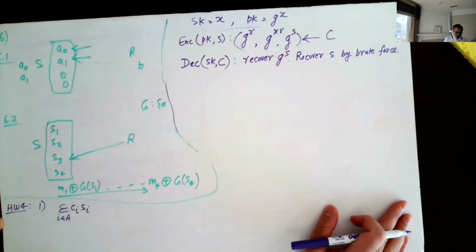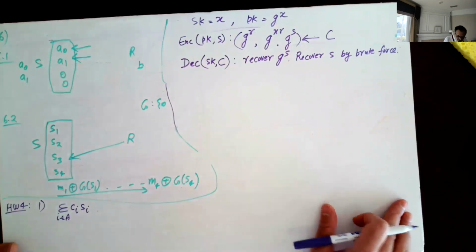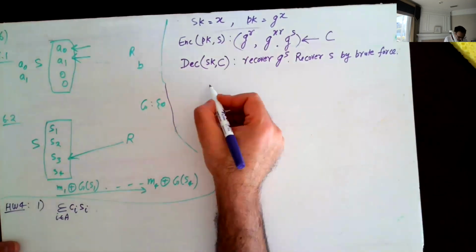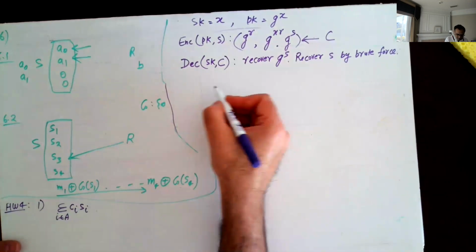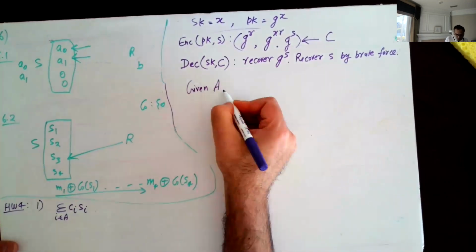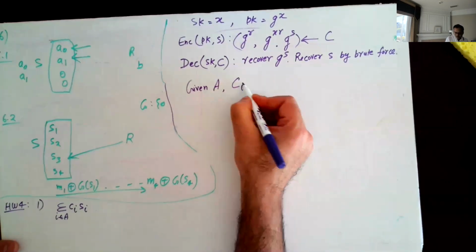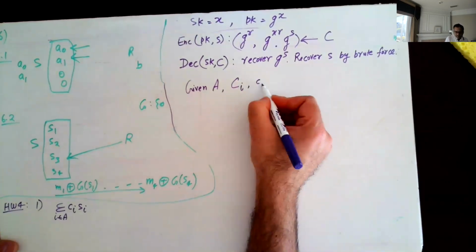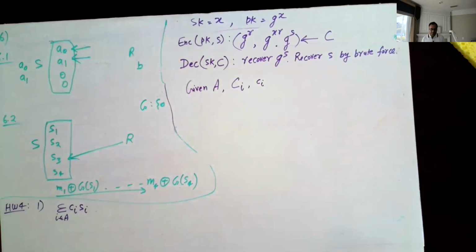Now, why is this scheme good enough for us? So let's see. You are given a set A, you are given all the ciphertexts in this set, and then you are given these little constants ci.